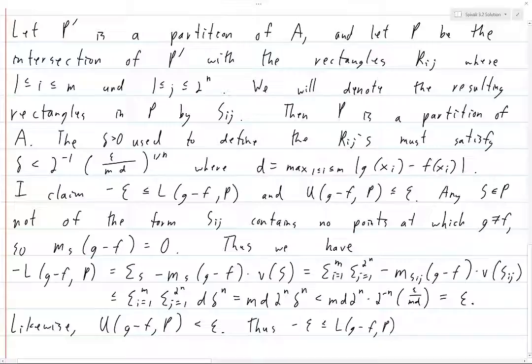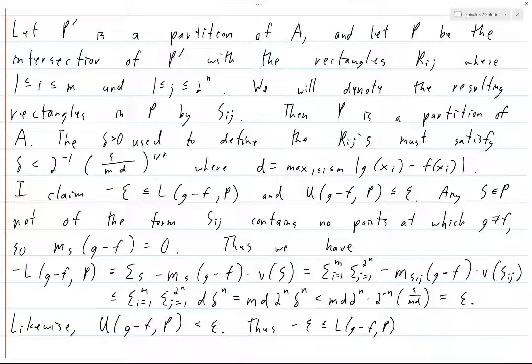Now, the lower sum: every rectangle in this partition P contains a point which is not one of the x_i's, and therefore the infimum over any rectangle can be at most 0.